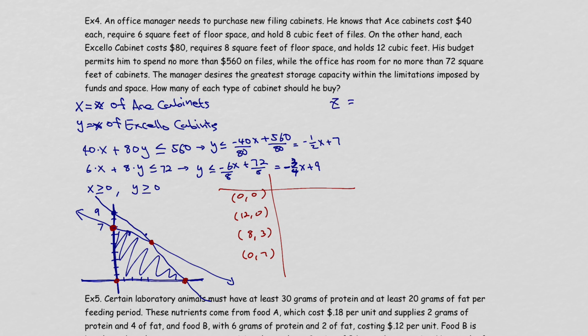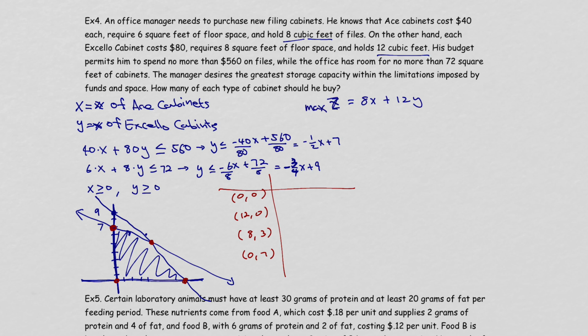The maximum storage capacity, right, is going to be 8 times x, because it holds 8 cubic feet of files, and 12 cubic feet of files for the other. This is the capacity of each cabinet. So we'll do 8x plus 12y should be the maximum. So we're trying to find the maximum.